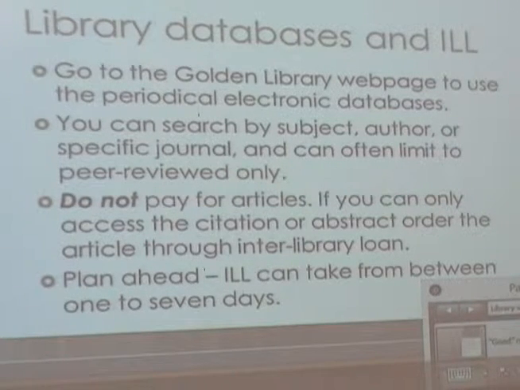What that means is that anytime you see an article you'd like to read, but we don't have direct access to it through our database, you can request the library to get you a copy of it, and they'll get it for you. That is a massive perk, right?